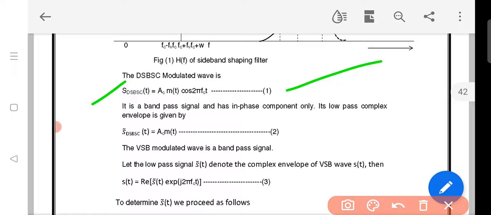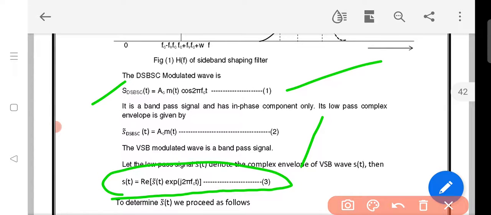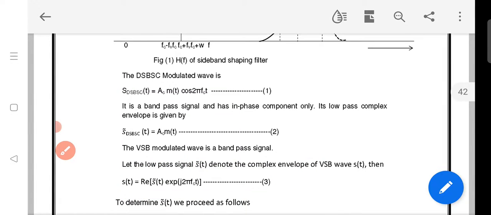It is a band pass signal and has an in-phase component only. Its low pass complex envelope is given by Ac m of t. In the case of a VSB modulated wave, the band pass signal is like this. These are the mathematical representations. Just follow and note down for better understanding and solve it.